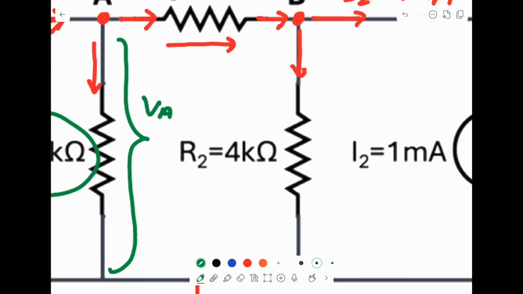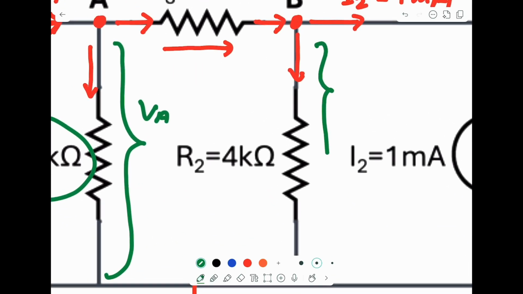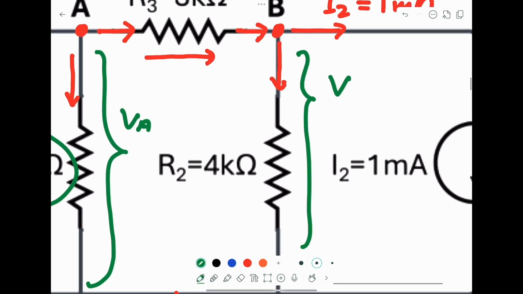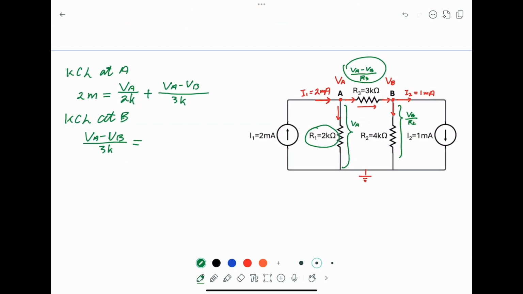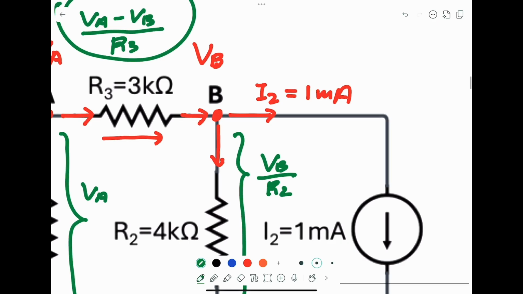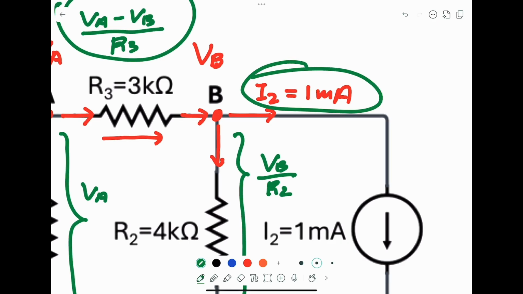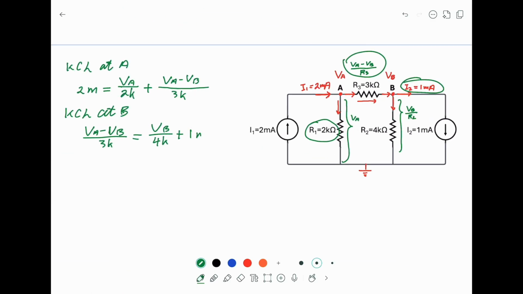The first current flowing out must equal the voltage VB divided by R2, which is VB divided by 4K, plus another current. This is the one given, another current source, which is 1 milliamp. This is equation 1. This is equation 2.